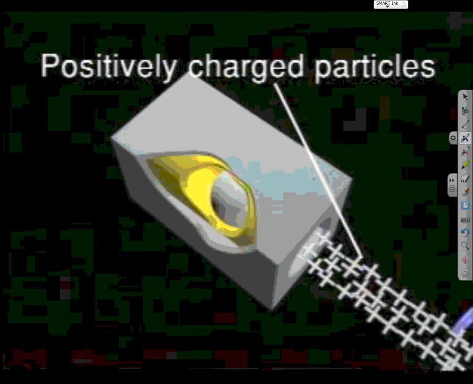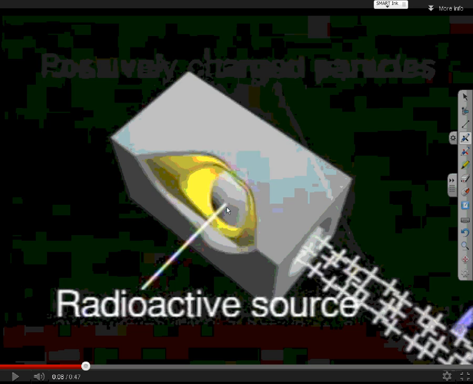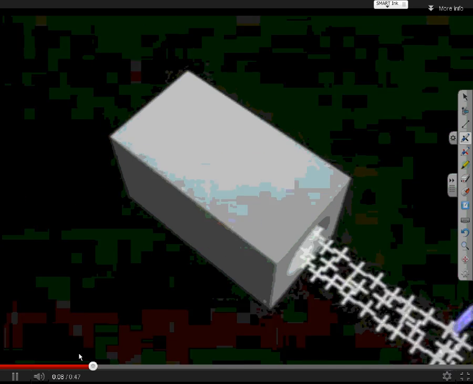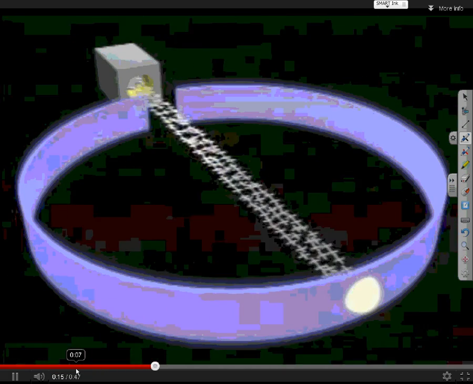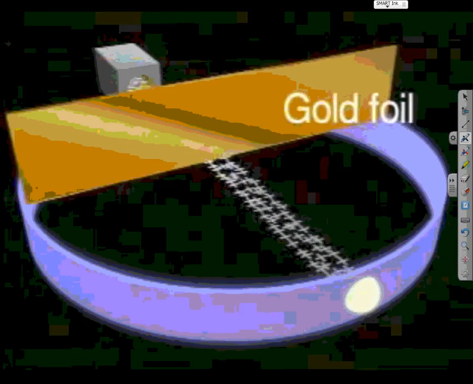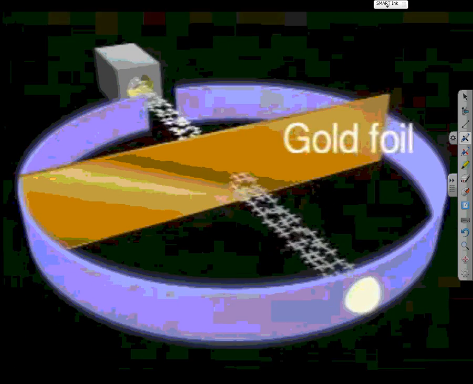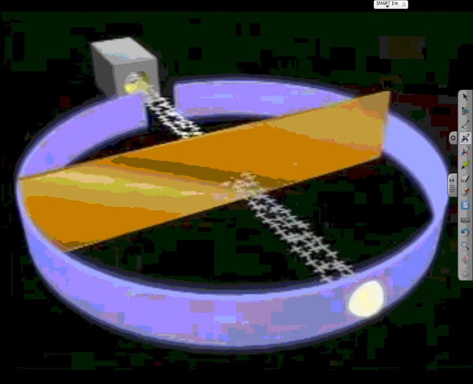The nucleus of an atom was first discovered when a beam of positively charged particles emitted from a radioactive source Oh, sorry. aimed at a fluorescent screen. The particles caused the fluorescent screen to glow. When a very thin sheet of gold foil was placed in the pathway of the particle beam, a few particles were deflected to the side.